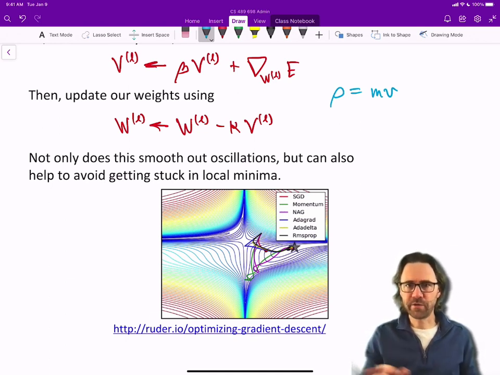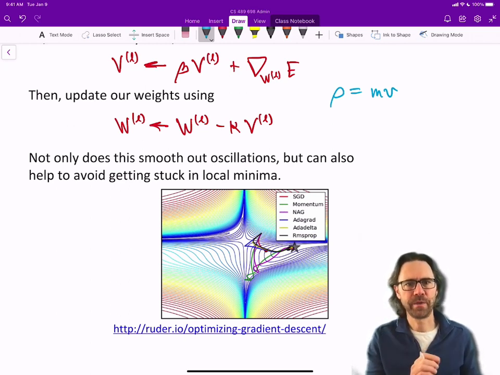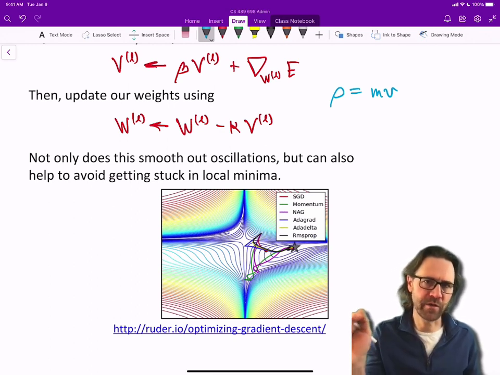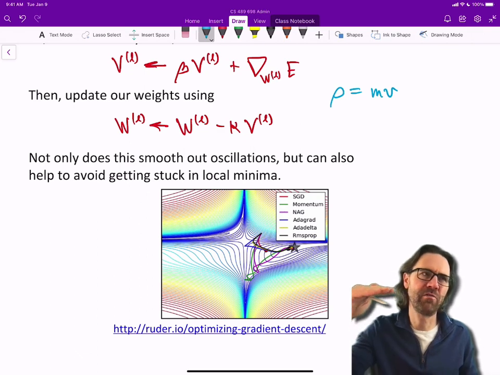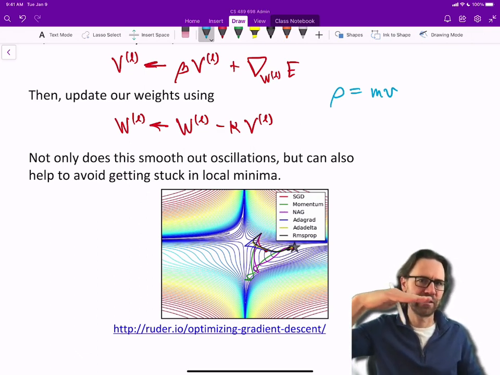Okay, not only does it smooth out the oscillations, there are other types of momentum that do smooth out the oscillation more, but more importantly, it can help you get out of places where there's a very shallow, persistent gradient, like a very steady but shallow slope in one direction.